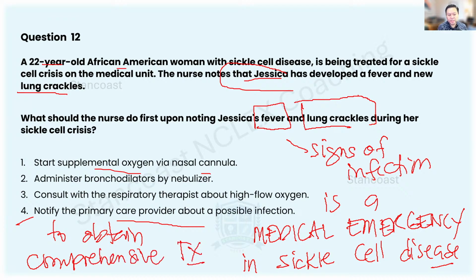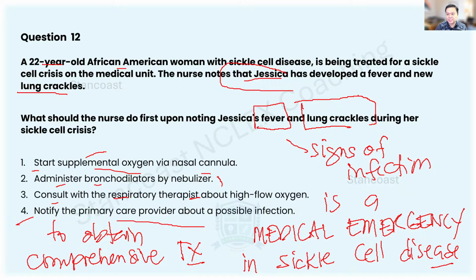That is the goal here. Because if we're just doing number one, supplemental oxygen, it's not really going to treat the overall picture of our patient. What about number two, administer bronchodilators? It's not going to treat the other manifestations that could possibly happen. Consulting with a respiratory therapist, same thing. It's not going to address the pressing issues that might occur in this patient in a short time. So notifying the medical provider is of utmost priority.